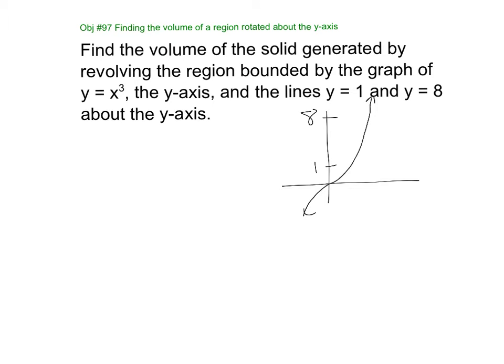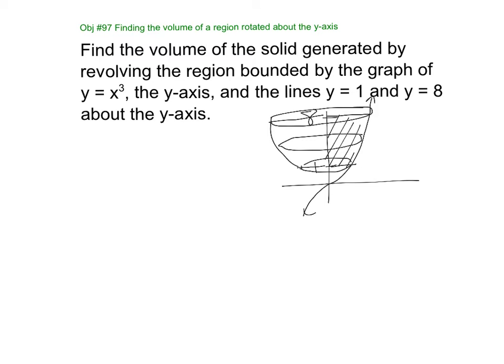Y equals 8 is here. So this is the region we're rotating. Okay, so if I reflect that over, this is my region. All right, so it's this weird, again, cone-shaped thing.